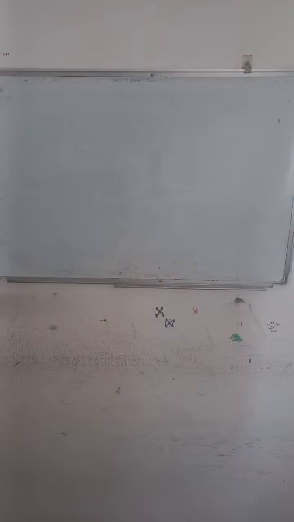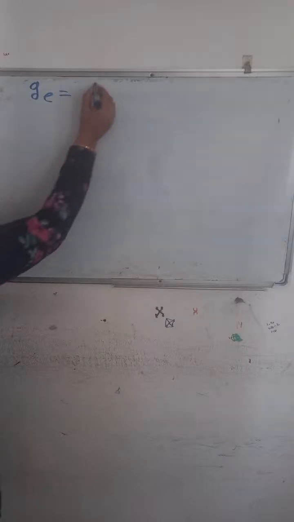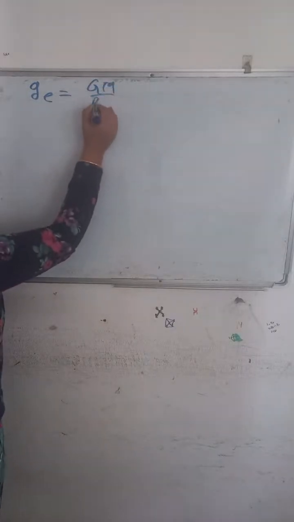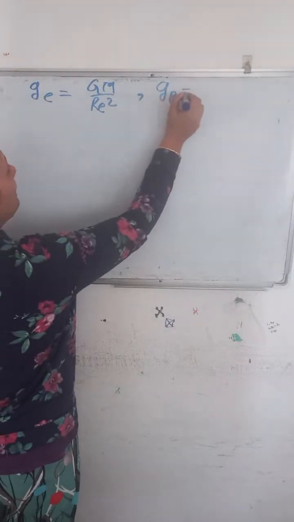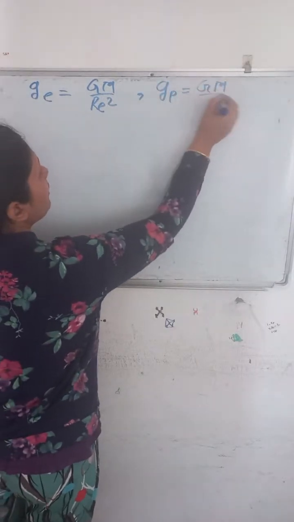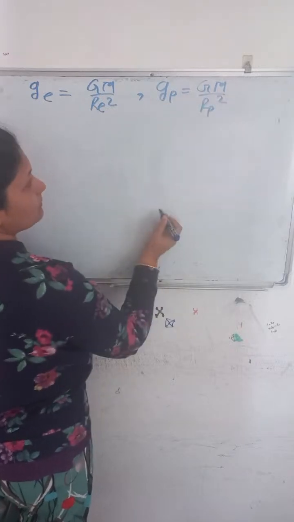On gravity at the equatorial plane, or at the equator, we are getting GM upon Re square, and at the pole, the acceleration due to gravity is GM upon Rp square.